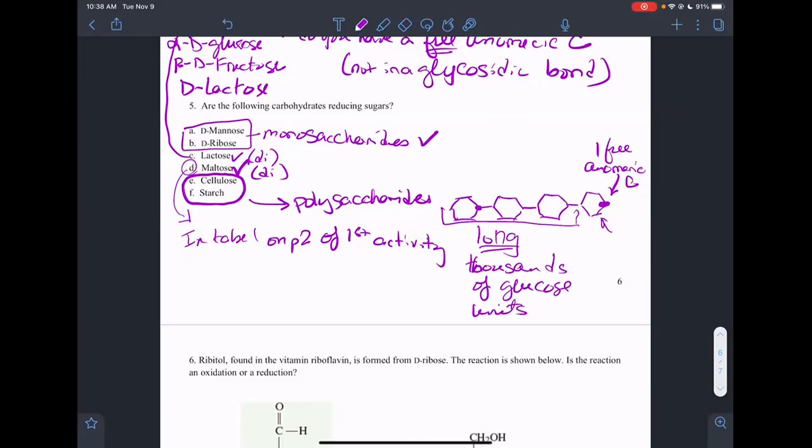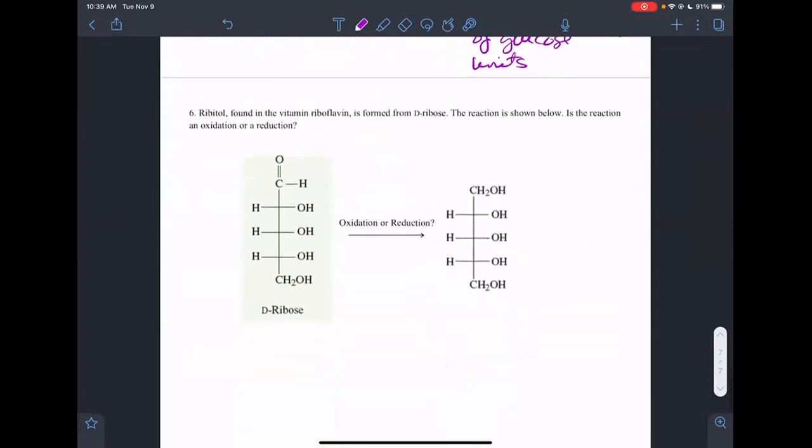So even though one end is technically reducing, we call these polysaccharides non-reducing because just measuring one free end doesn't actually tell you how much cellulose is there. It just tells you how many ends you have, which is very, very few compared with how long and how big starch and cellulose are. So it's just not a very good measurement. So we say no, those are not.